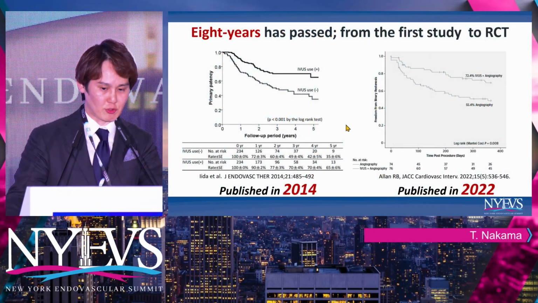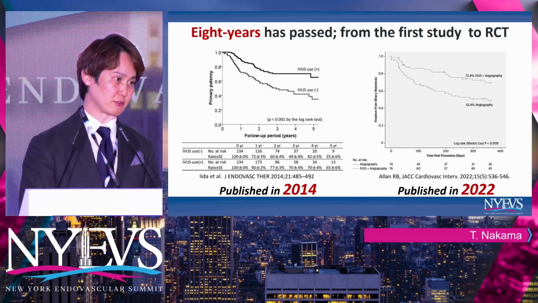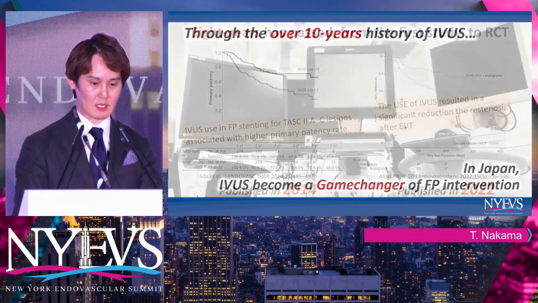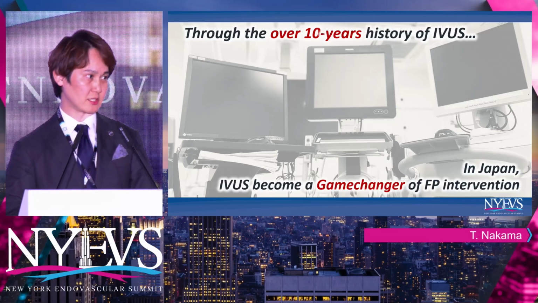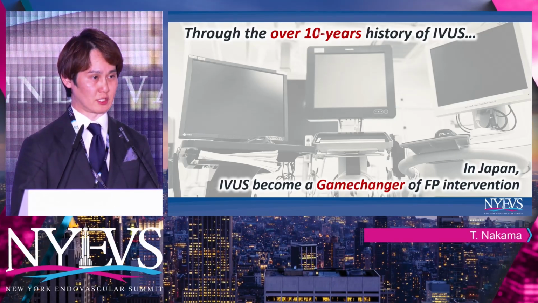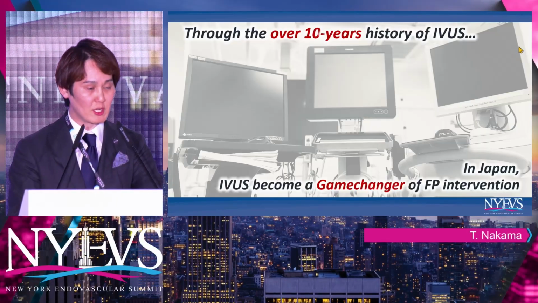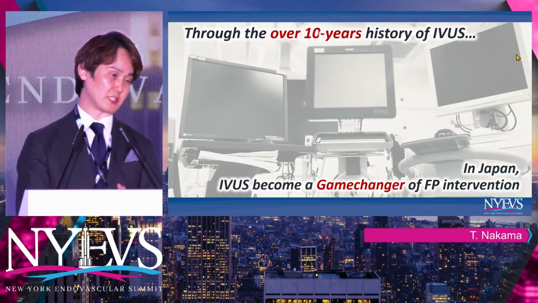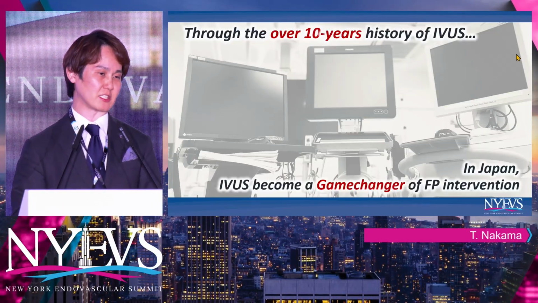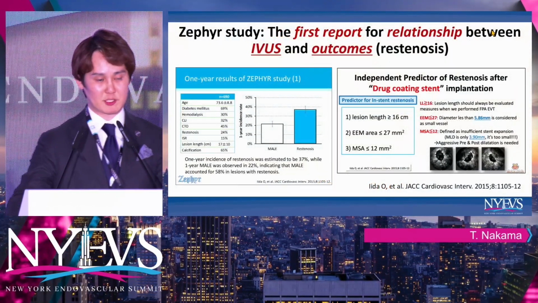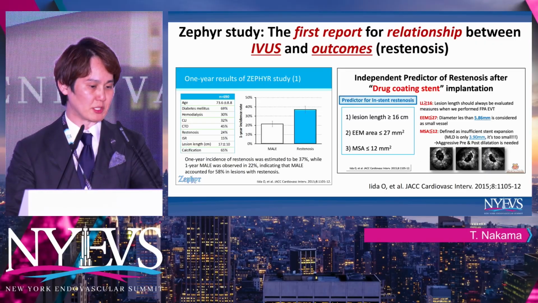Eight years have passed from the first study about IVUS to the randomized controlled trials. Through these 10 years from the first study about IVUS for endovascular treatment, we accumulated some evidence. Personally, I think IVUS is already a game changer in endovascular treatment, especially for the femoropopliteal segment.